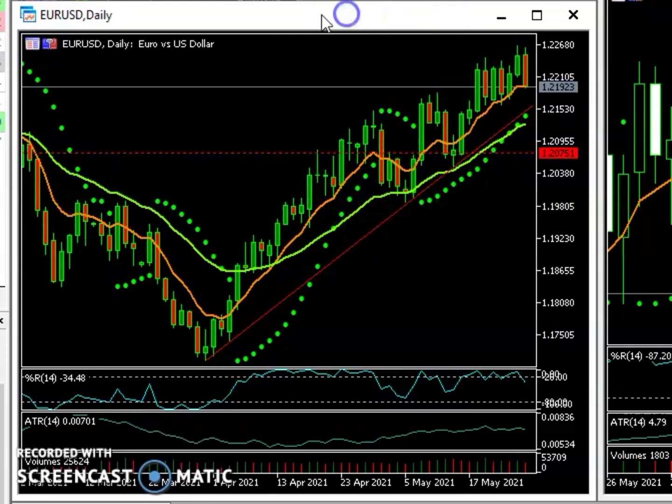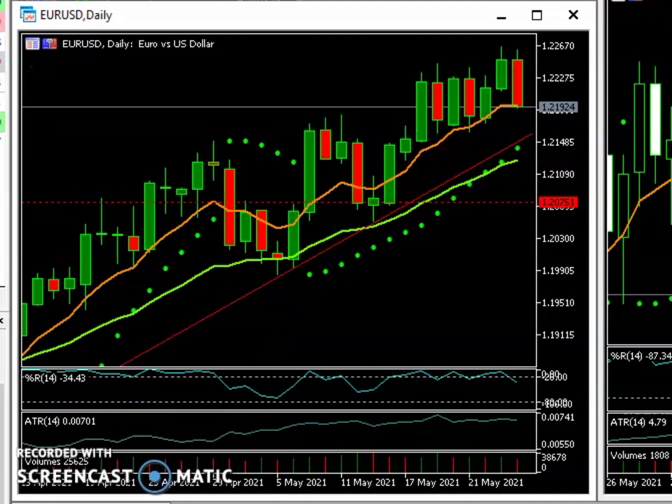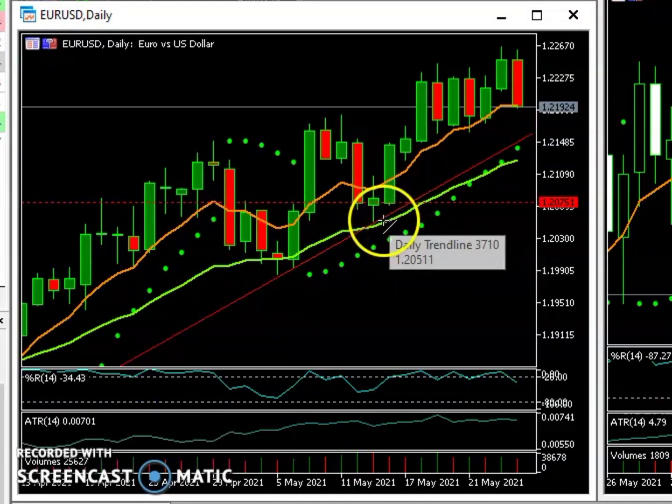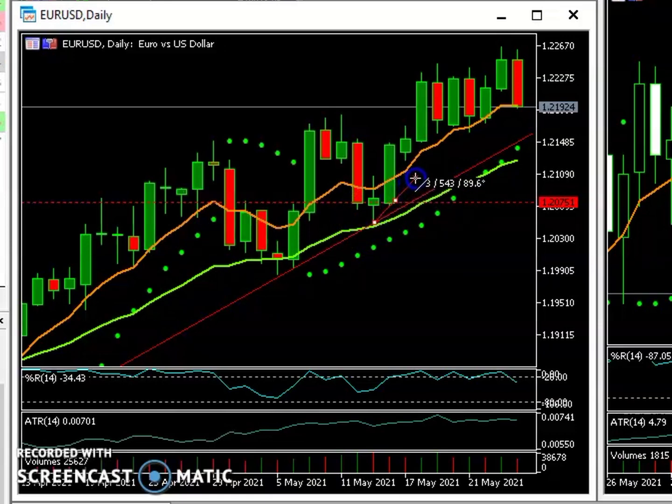So we have to draw every valid trend line. This is valid. Now for the new line, we will zoom in and use this point. This is the sixth and last point which touched this line. So this point will become the initiating point of the next trend line.